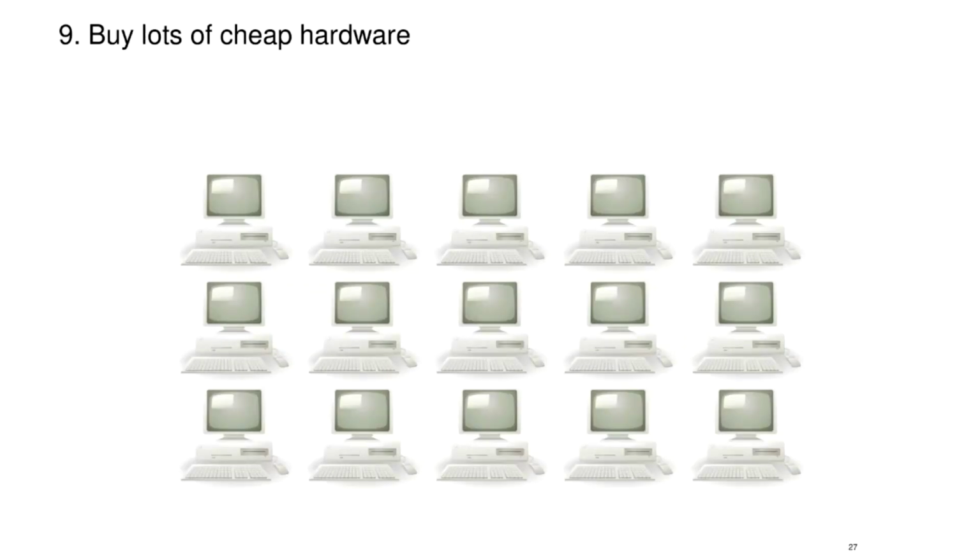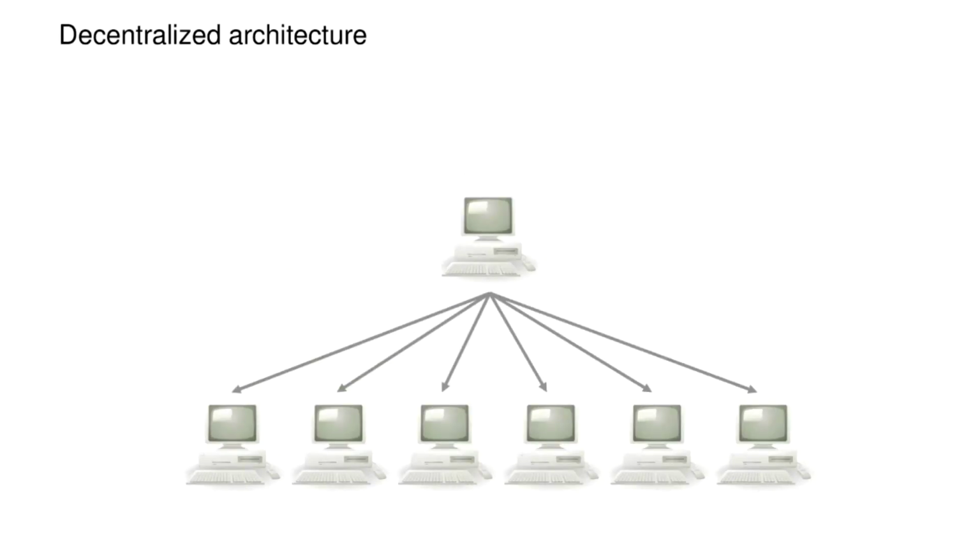For that, we buy a lot of cheap hardware, plenty of machines that are rather small, but thousands or tens of thousands of them. Or even, if you are a very large company, millions, tens of millions of machines, if you have plenty of data centers that each have tens of thousands of computers, right? And the decentralized architecture is very common, though it doesn't have to be.